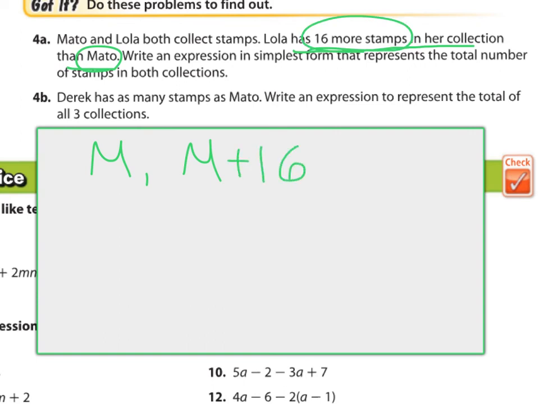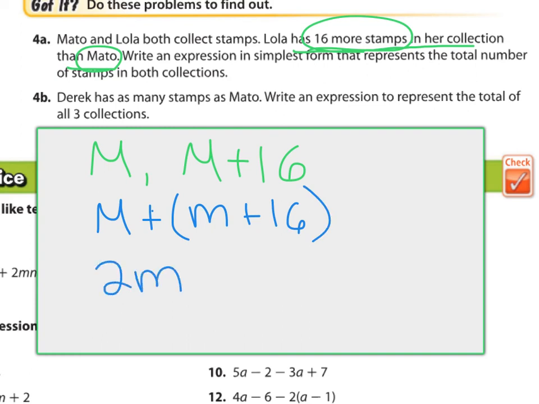If we wanted to write it all as one expression to find the total, we have M plus M plus 16. That's Lola. So then we have two M's, here's one, here's the other, plus 16. And that's the expression. That could be factored, and you guys know that, but that's not what we're doing.